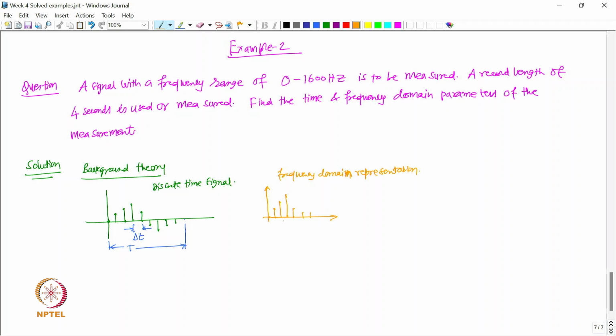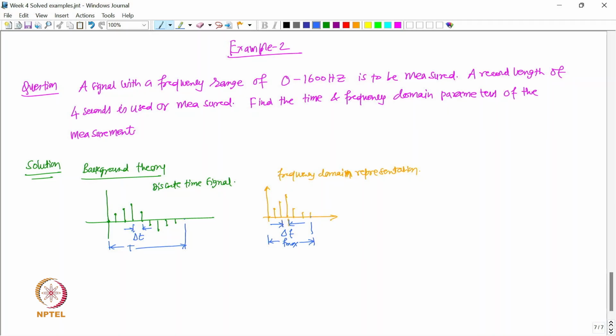Here we have the resolution of the spectrum, where the frequency resolution is called delta f, right, and then we have the maximum frequency range, correct, like this. So, therefore, there are different parameters.